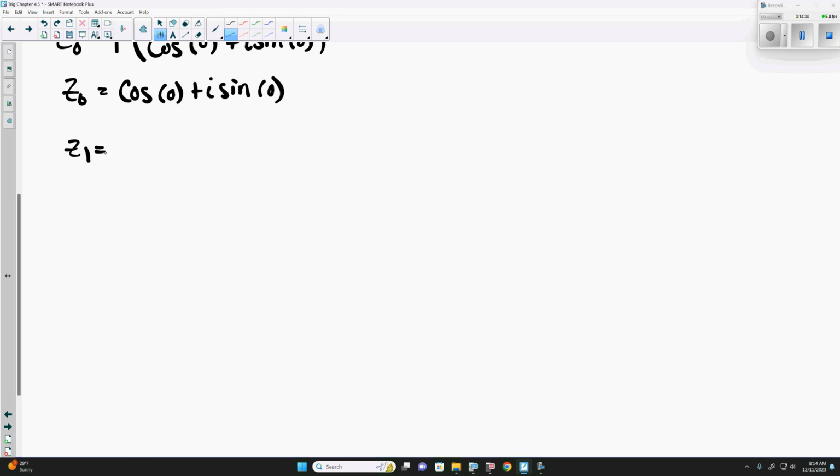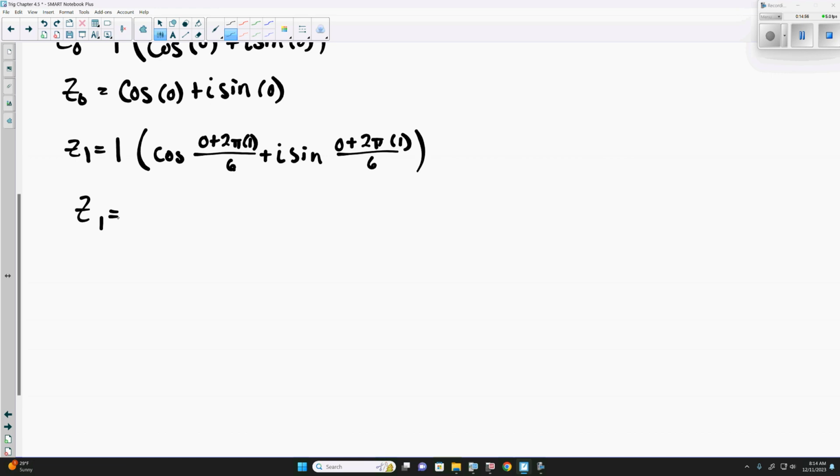Next, we can look at z sub 1. Well, the nth root of r, our 6th root of 1, was just 1, times cosine of 0 plus 2 pi times 1 over 6 plus I sine of 0 plus 2 pi times 1 over 6. The multiplication by 1 doesn't even matter.